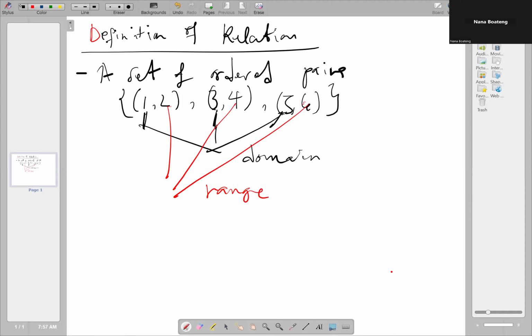Let's look at an example. Find the domain and range of the relation.